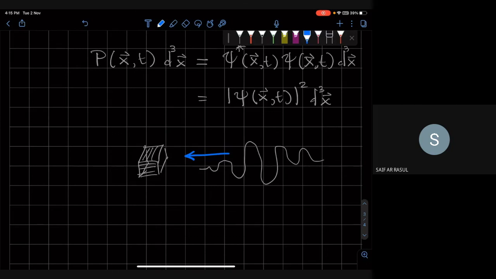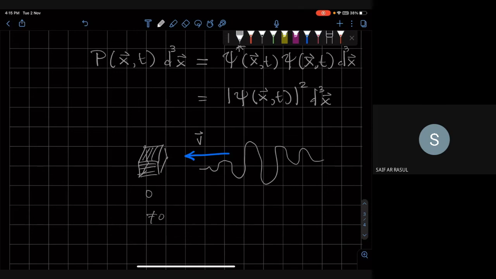Okay, so if it is moving with a certain velocity v, then before the wave function goes through this volume, the probability will be 0, right? But when it's actually crossing it, the probability will be non-zero. So we can easily think of situations where the probability of finding a particle in a given volume is time dependent.